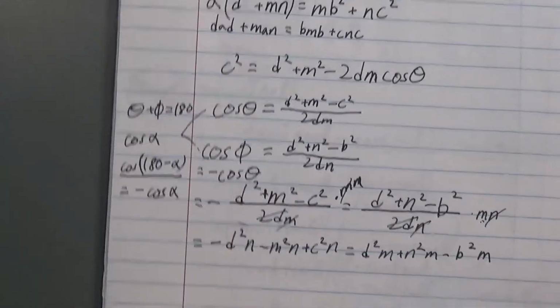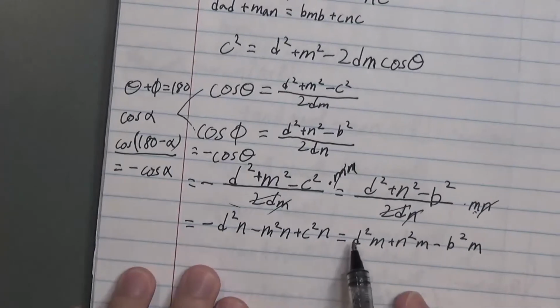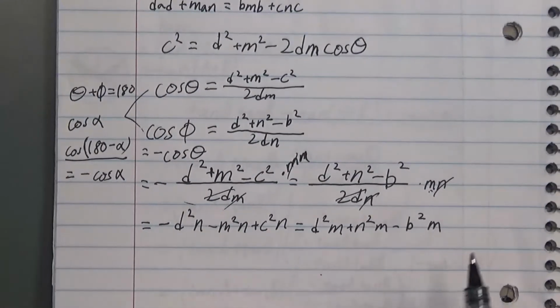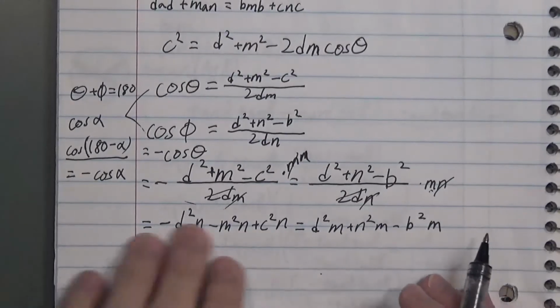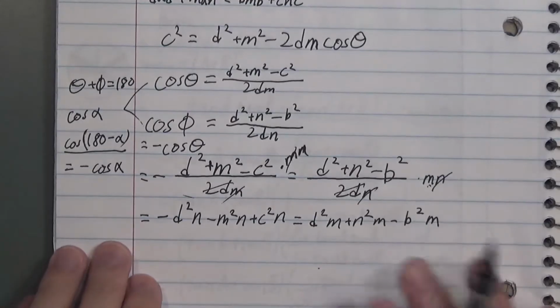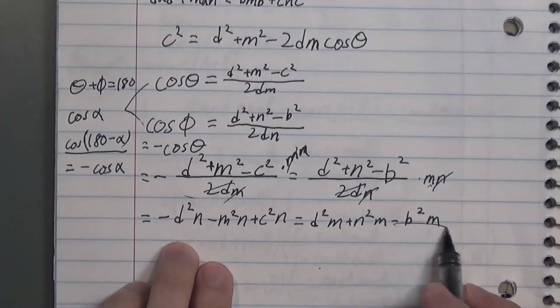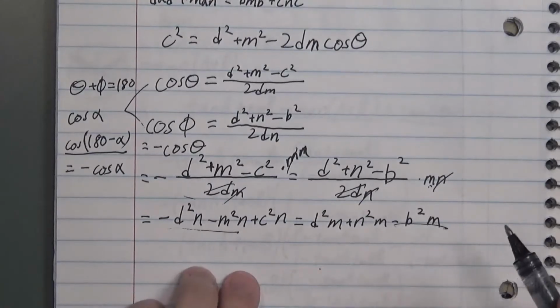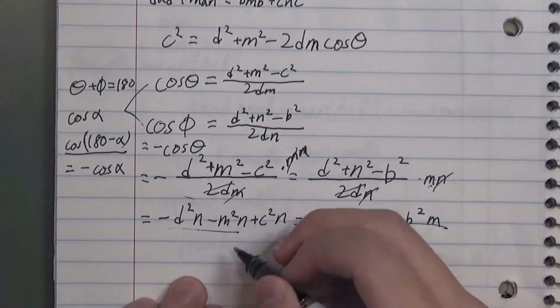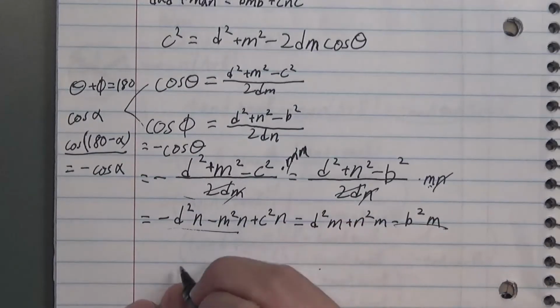Now we got all these negatives and positive terms. I just want to move all the negatives to one side, make them positive, and let the positives stay where they are. So let's take all these negatives and switch them. Let's move this to that side, so we get positive b squared times m.